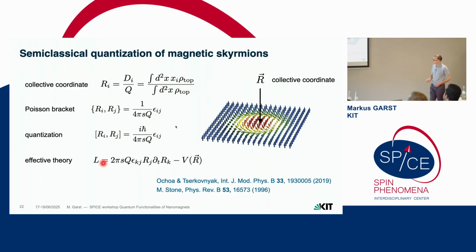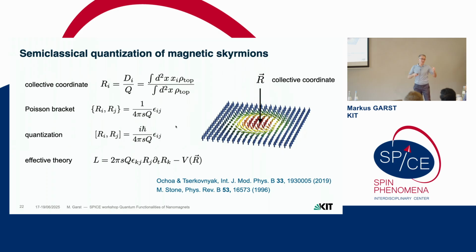And this structure actually constrains already the form of the effective quantum theory for the collective coordinates, because it should have this structure. So essentially, the conjugate variable to the position is the position itself. The two positions do not commute, so the x and y position of the skyrmion do not commute. So they are conjugate variables.